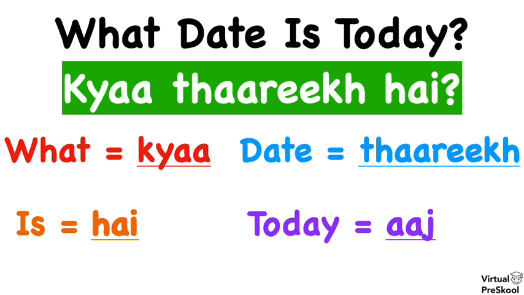If they didn't mean today's date, then they would specify otherwise. They would tell us what they mean. So if I wanted tomorrow's date or next Tuesday's date, I would ask that. What's the date next Tuesday? What's the date tomorrow? But in this case, if we don't have any indicator, we can assume we're talking about today. Kya tareekh hai?